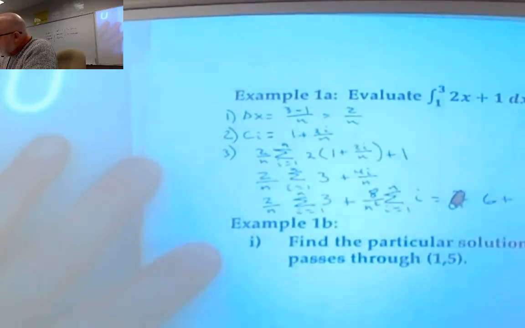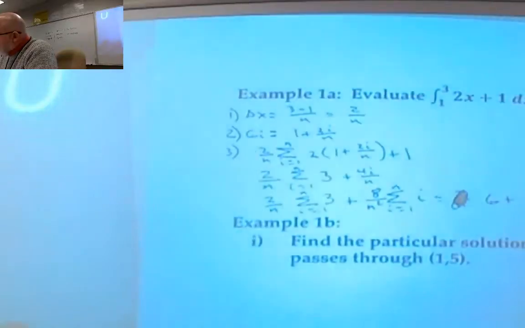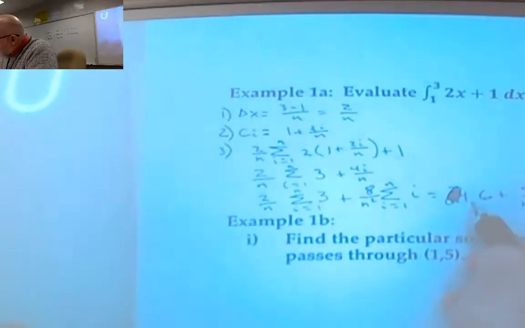Plus, I'm going to have 8 over n squared times what? n times (n plus 1) over, remember, 2. Okay? Do you want me to simplify it, or can you take the limit from there? Okay, so I'm going to write limit here as n goes to infinity. What do you get?